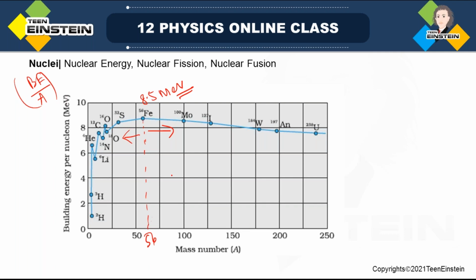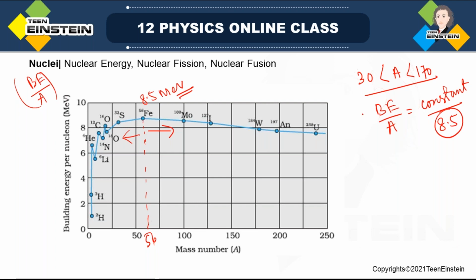According to the description of this curve, from 30 to 170, in this range, the binding energy per nucleon is almost constant, and that value is nearly equal to 8.5.